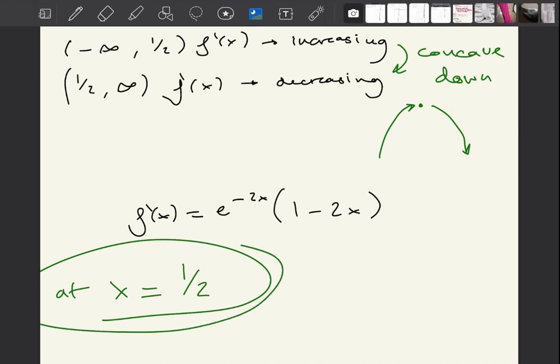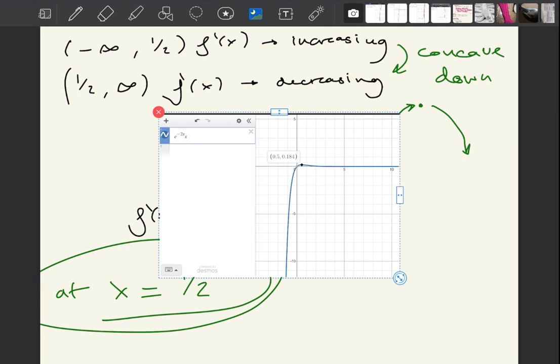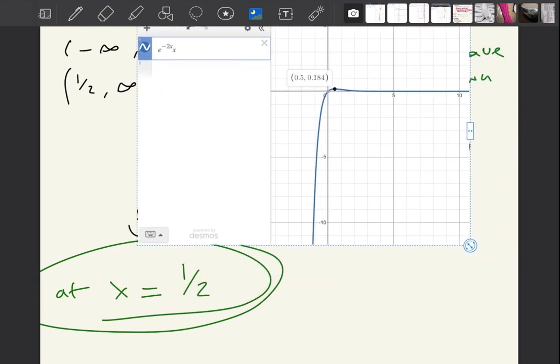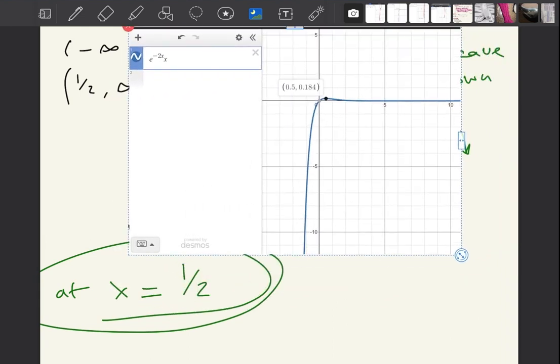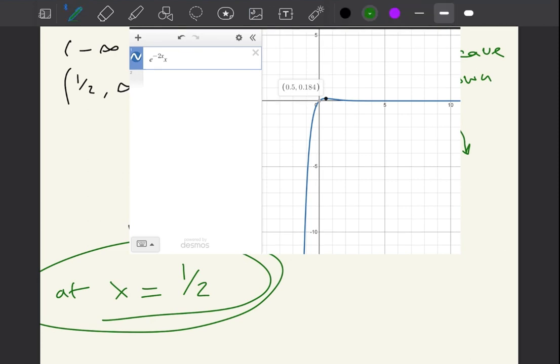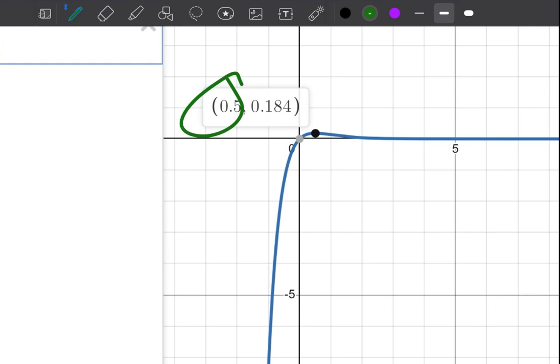And if we want to compare this to the actual graph that we get, here we can look over here, and this is our function, right? Here, this is x equals 1/2, and this is the maximum point.